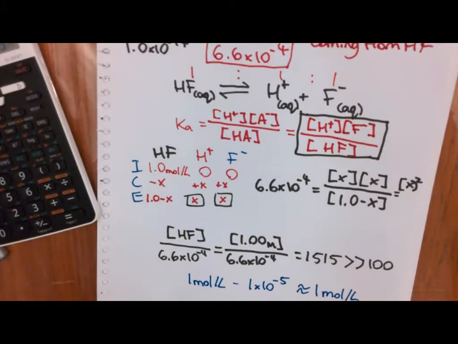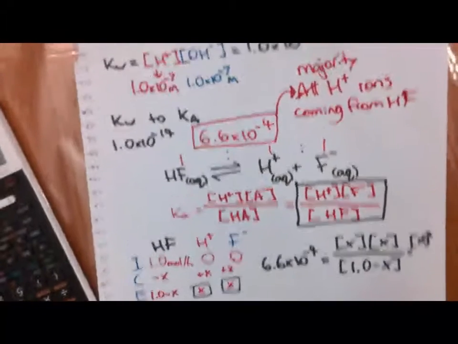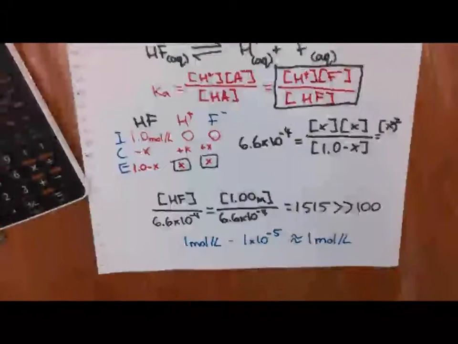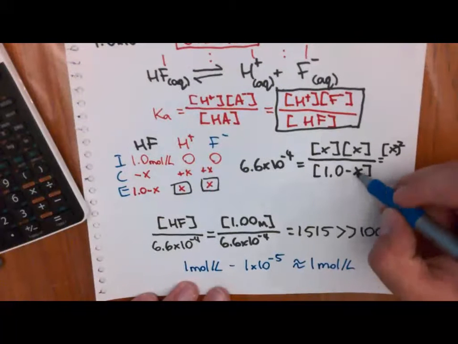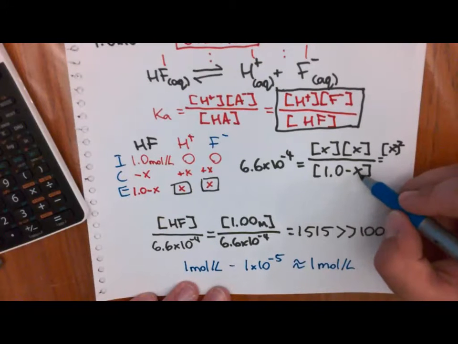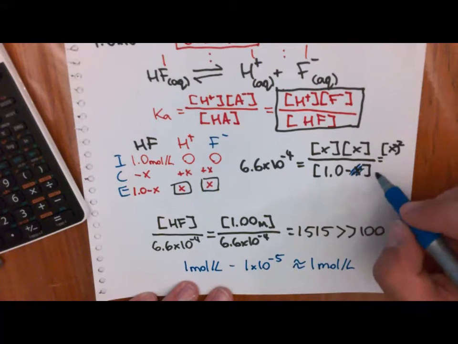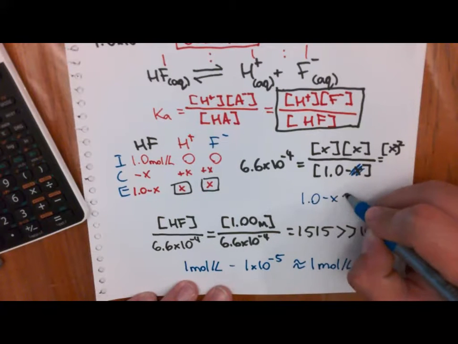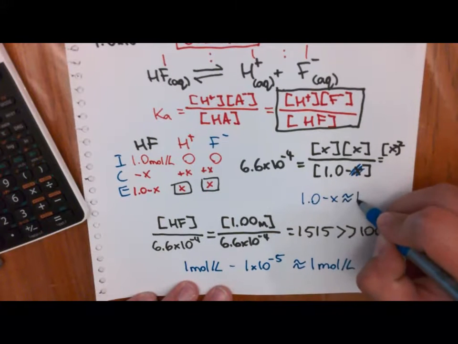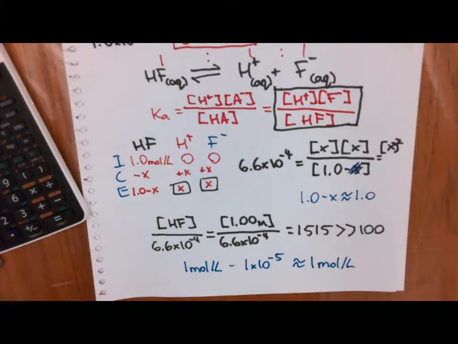So we can make the assumption that 1 minus x is approximately equal to 1, and we will carry that forward into our next equations.